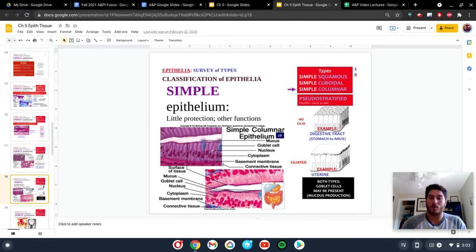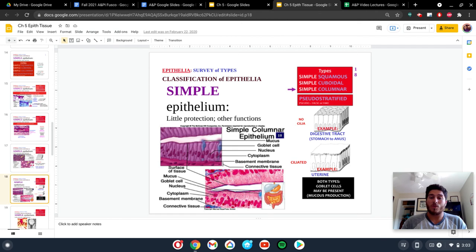Next up, simple columnar. Columnar epithelium are going to be these column shapes, and we see these a little more often than cuboidal in what we talk about in this course. With that said, you may see a defining characteristic such as the ciliated apical end of the cell, meaning the tops of these cells may be ciliated.